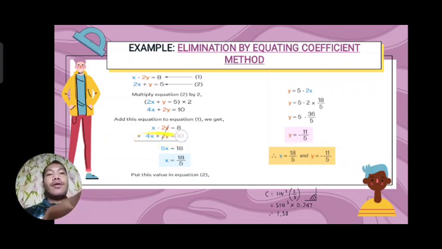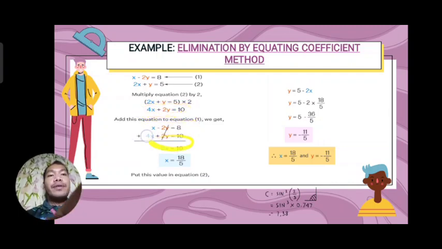This is the result. After you get that, you can now eliminate the value of the y. So I just copied this one. You have to copy this one, and then copy the result of your step 1.